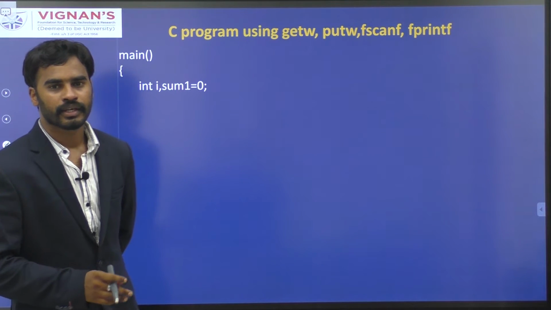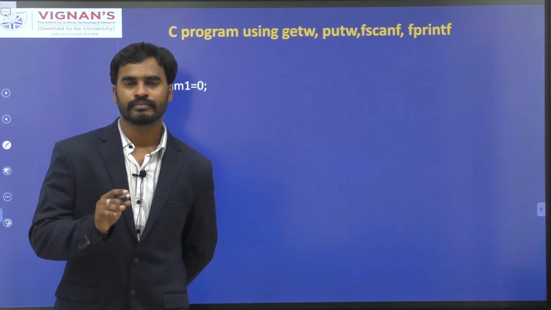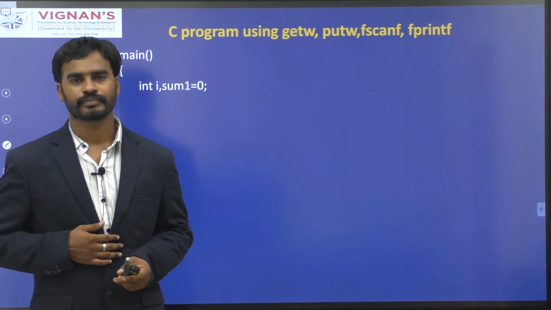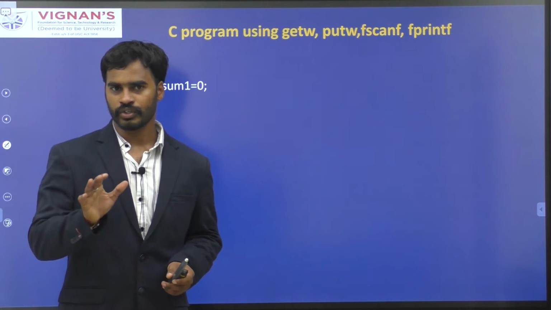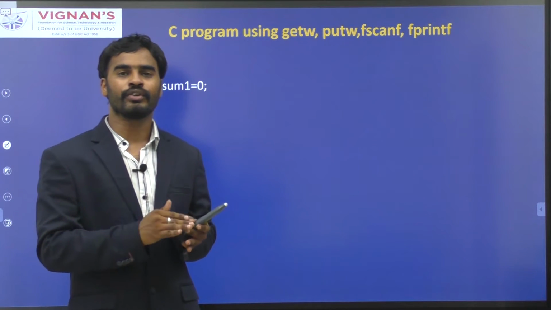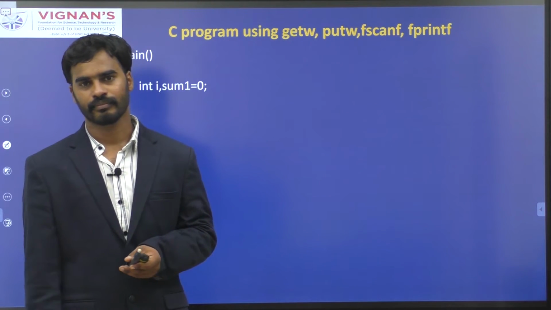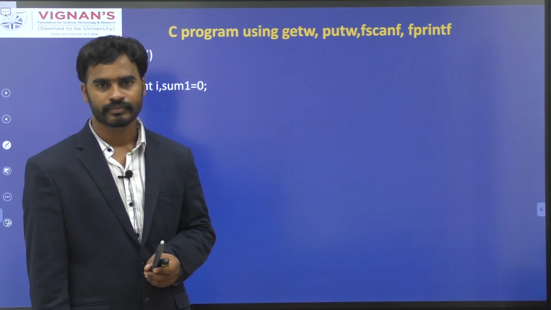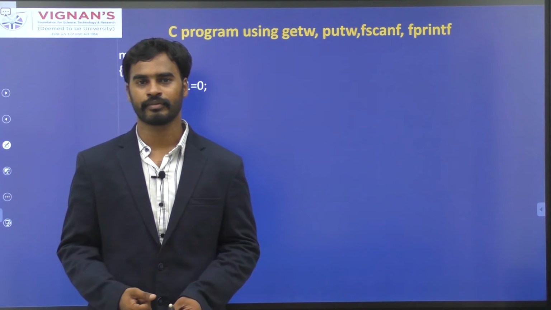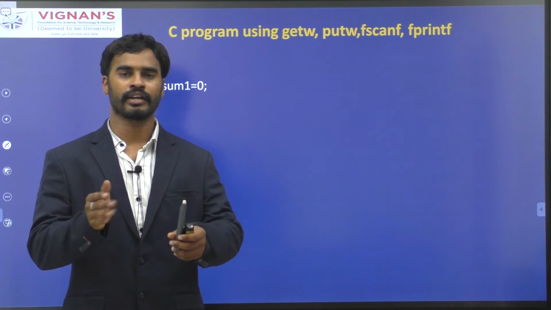Next we'll see how to write programs using getw and putw. What we are going to do is write the numbers from 10 to 15 in a file by using the putw function.